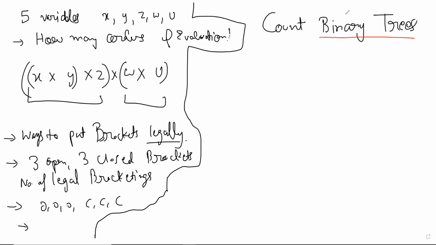So if you want to count things like this, let's just draw it here. You want to count structures where you start with a point, and from every point you have either no or two children. One is the left child, one is the right child.